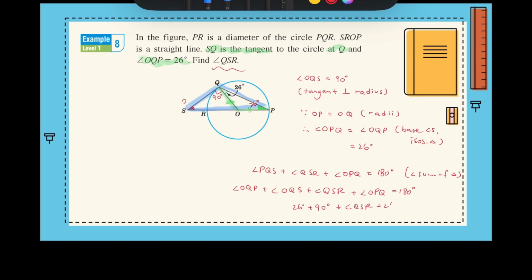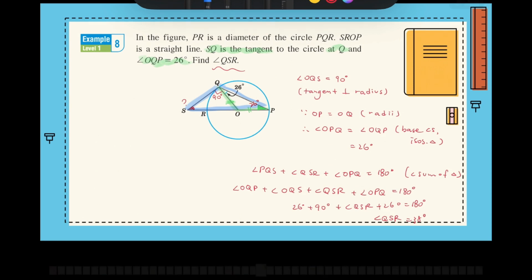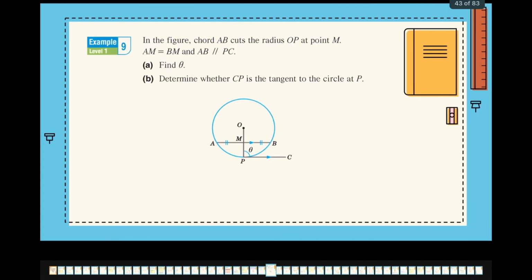So 26 degrees plus 90 plus QSR plus 26 equals 180. Therefore, angle QSR equals 38 degrees. If there's no problem, we will look at the other question.